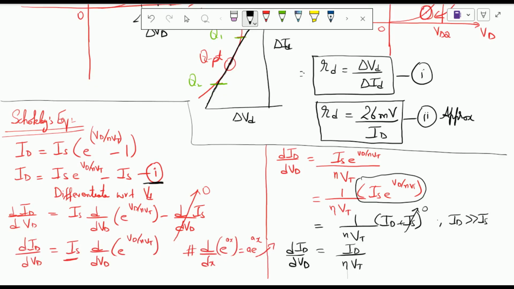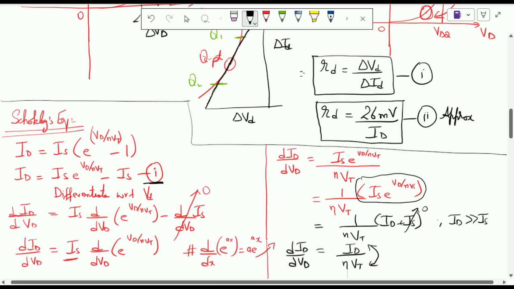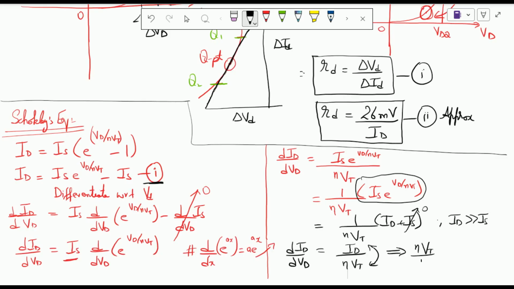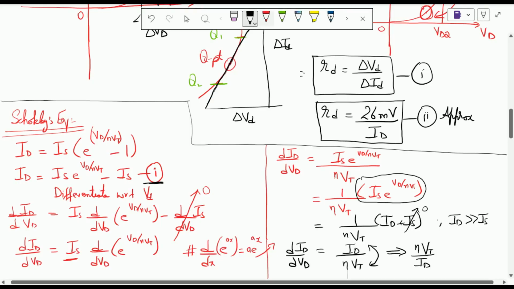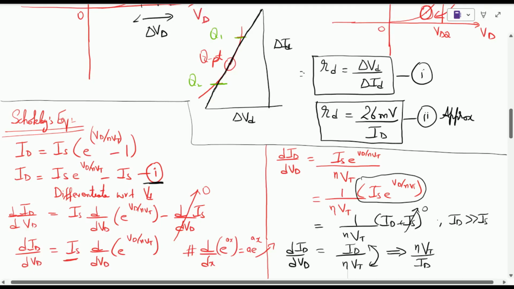Now since we need to find the resistance, we are going to flip this complete equation upside down. So this comes out to be eta Vt divided by Id, and this Vt value is basically nothing but the room temperature voltage which we saw in the Shockley's equation.